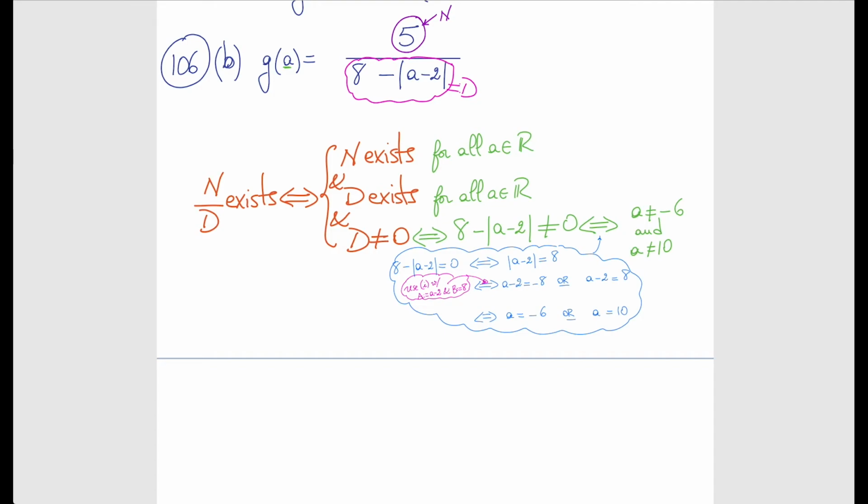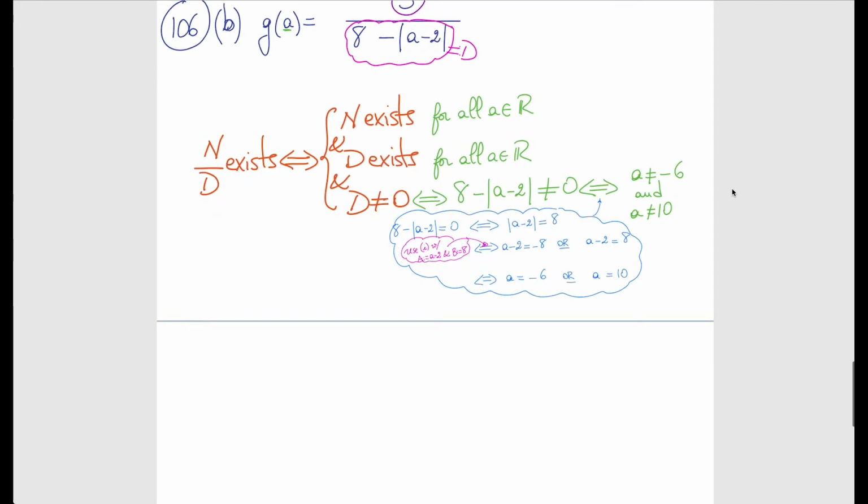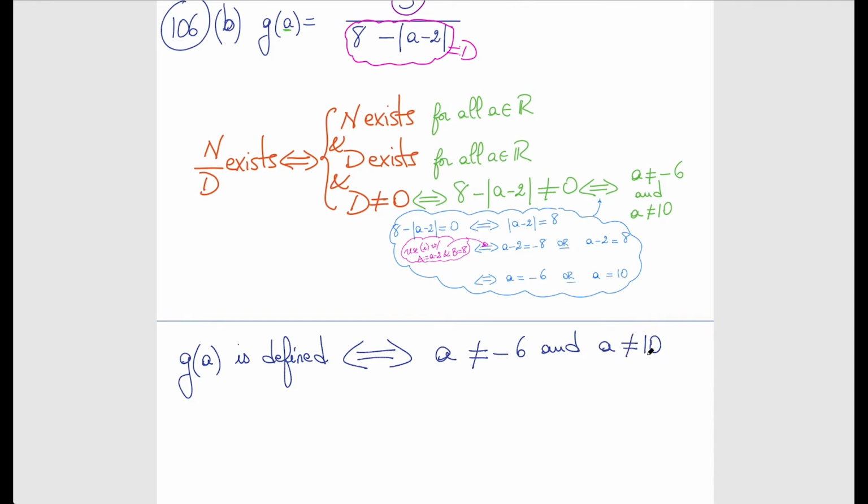So at the end of the day, g of a is defined, which is this quotient here, if and only if we took time to understand when this quotient exists, if and only if a is neither minus 6 nor 10. So it means that a should not be negative 6 and a should not be 10.